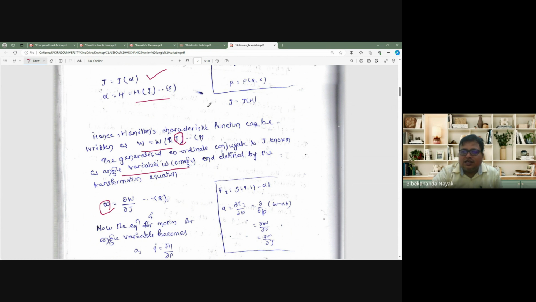We can write J as a function of H or alpha, or in reverse H as a function of J. So this is Q, that is P, and omega is equal to del W by del J.